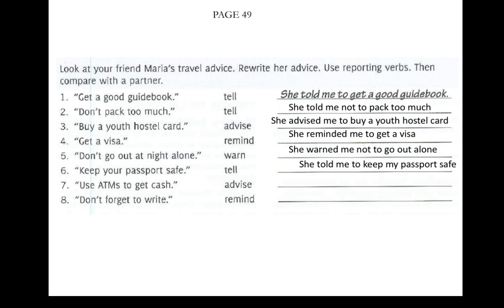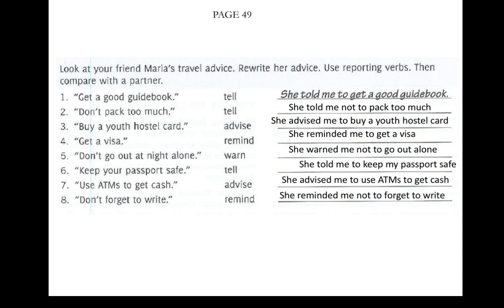Use ATMs to get cash. So she advised me to use ATMs to get cash. Just not go getting money around. No, she advised me to use ATMs to get cash. And finally, she said, don't forget to write.